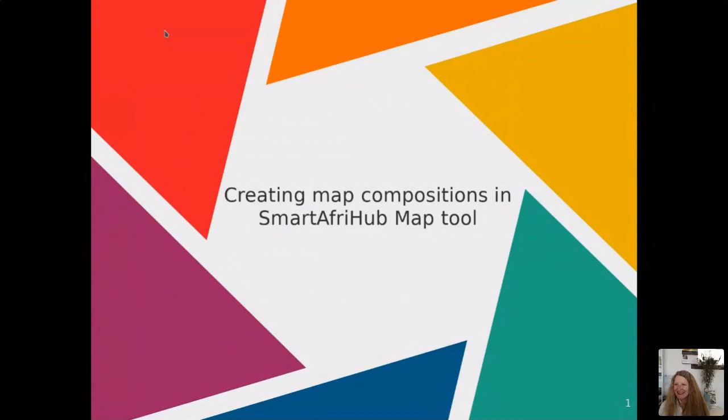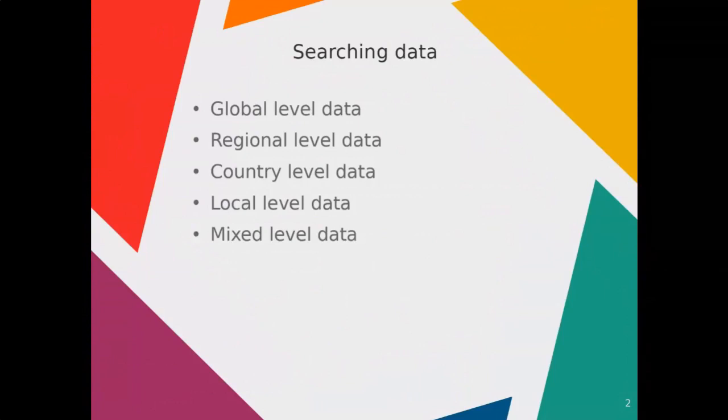Okay, so it's a presentation about creating map compositions in the SmartAfriHub map tool. At first I will say that the most important thing when you create a map is to have an idea of what you want to display. The data is no problem, because nowadays there are so many data sources.